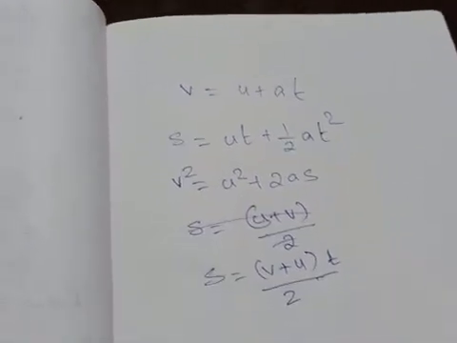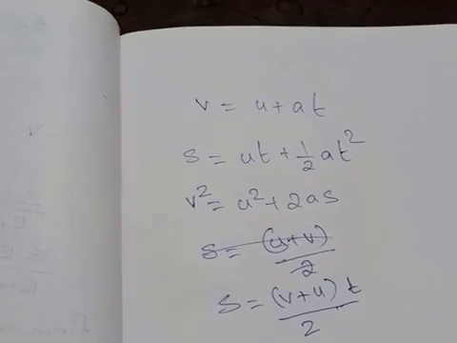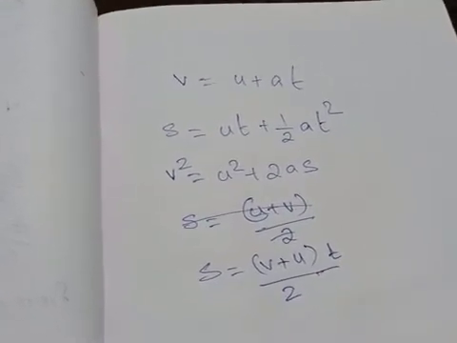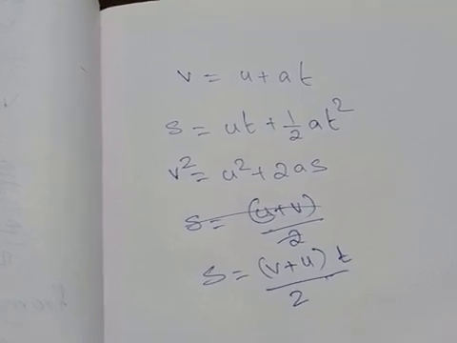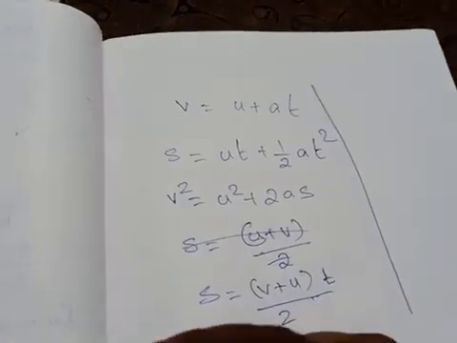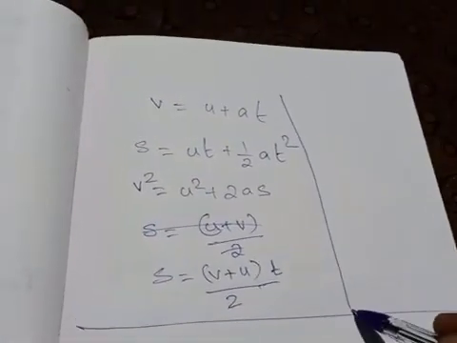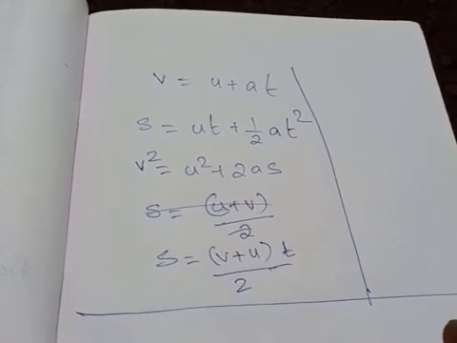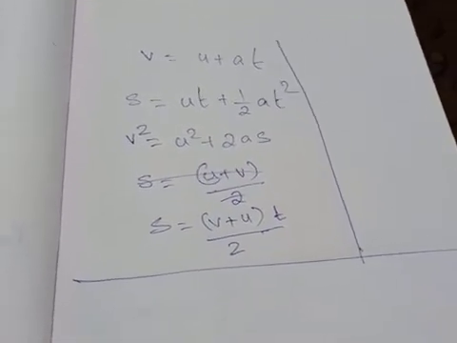So these are the four kinematic equations we have previously derived, and they are for linear motion. Now we are going to write the kinematic equations for circular motion or angular motion. For that it is very simple.